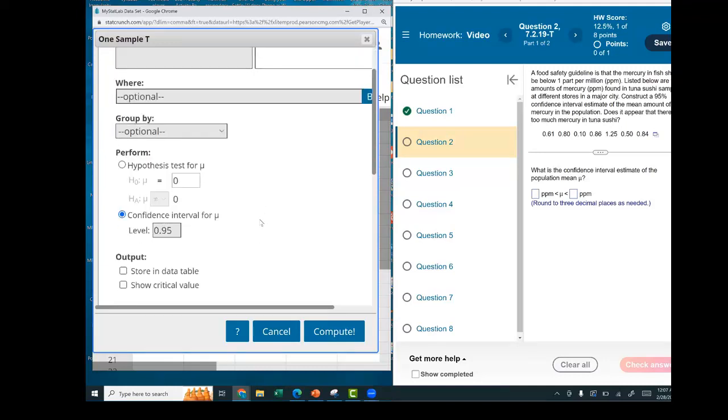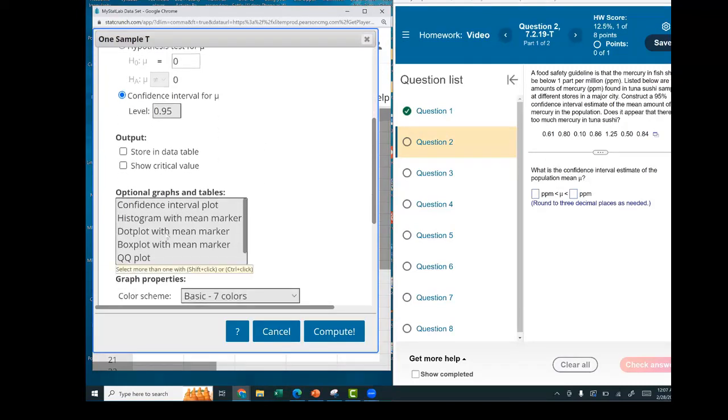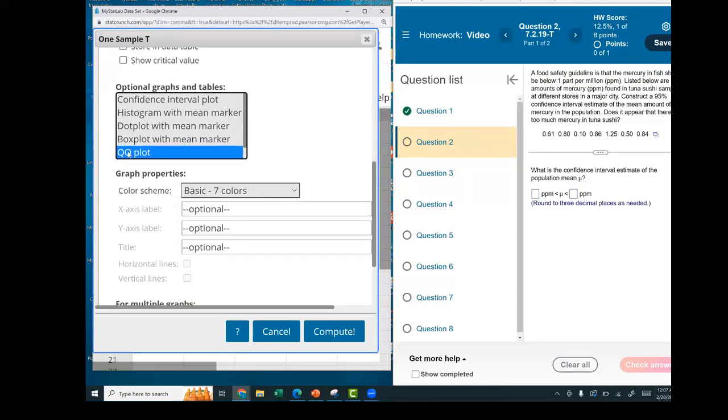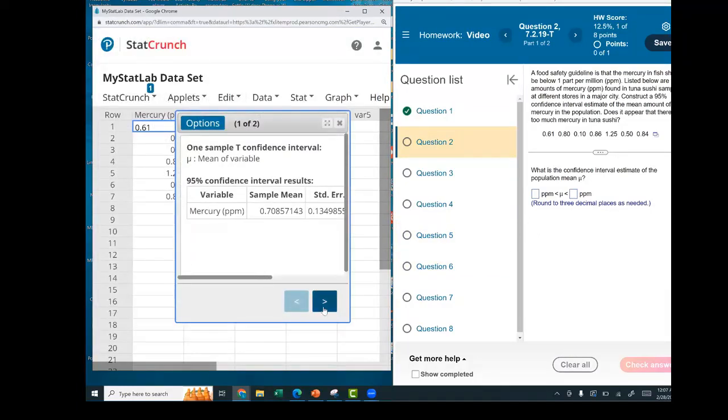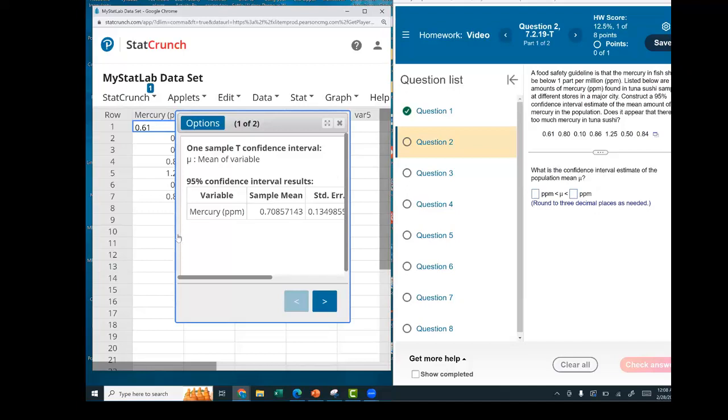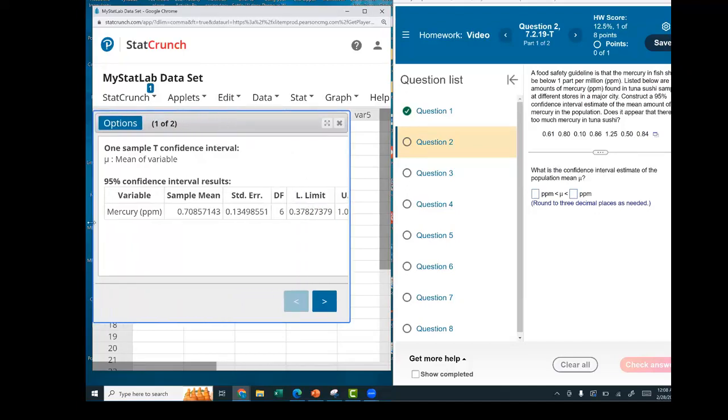Confidence interval of 95%. And now look, when I'm only looking for one value, I can actually plot this. And I can see at the same time, is it actually normally distributed? Which I already showed you it was, but there it is. So everything goes well. What is the confidence interval estimate of the population mu? I want my lower limit to 3 decimal places.